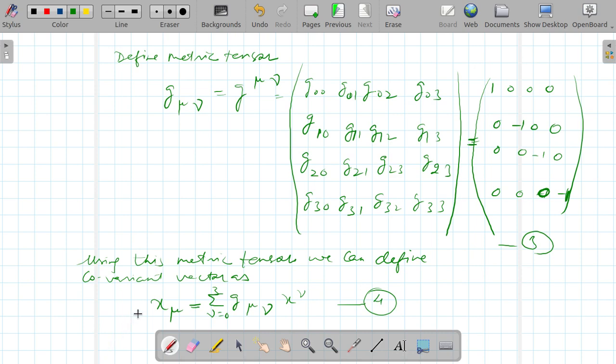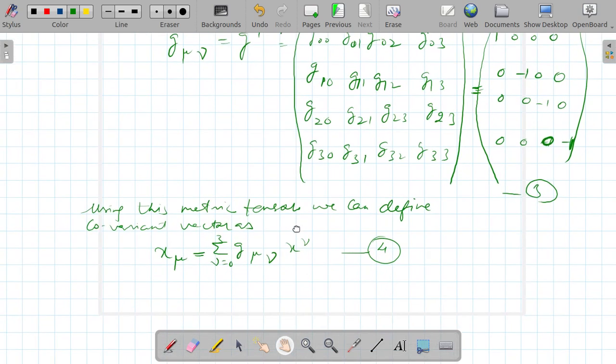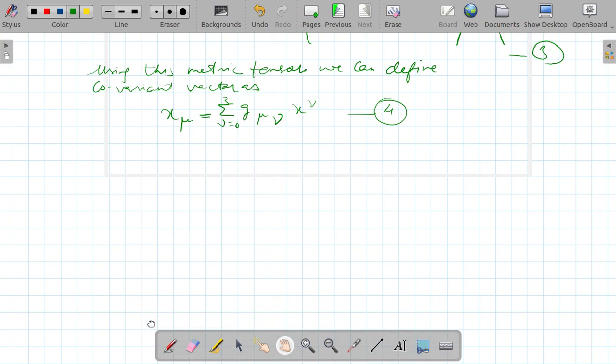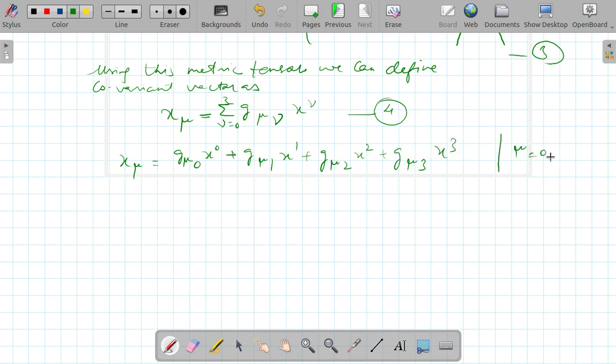If I elaborate this equation, x mu is equal to g mu 0 x0 plus g mu 1 x1 plus g mu 2 x2 plus g mu 3 x3. Here mu varies from 0 to 3.